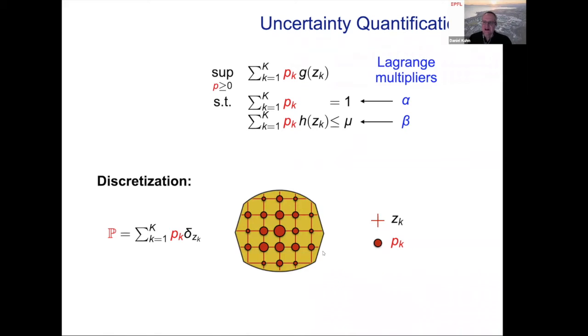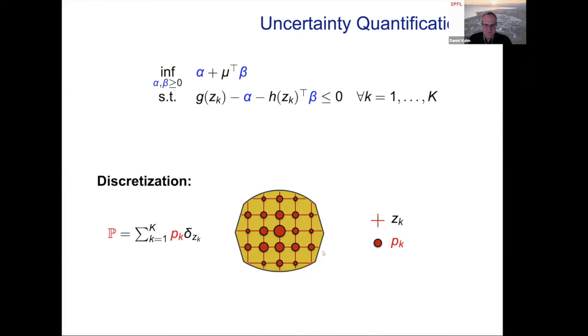So now I would like to dualize this linear program, and to this end we assign Lagrange multipliers alpha and beta to the normalization and moment constraints. And we derive the dual linear program using the rules of standard LP duality as we learned it at school. So the dual problem has a linear inequality constraint for every discretization point in the support set, so for every k, where k is the index of these discretization points.